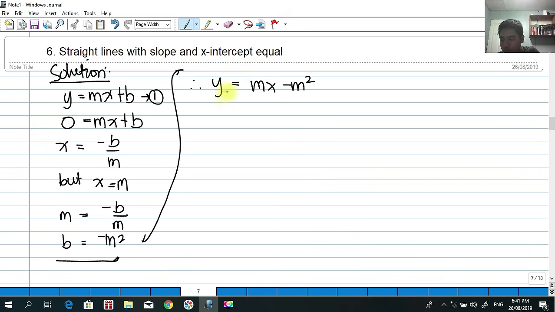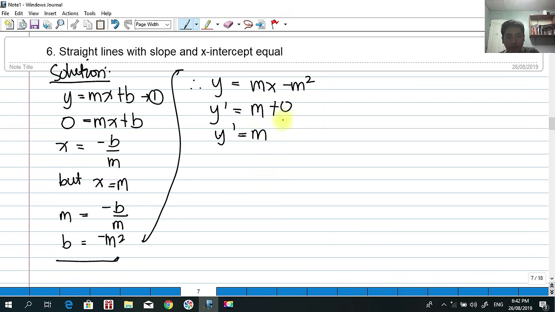Okay, so if we're going to get the first derivative of this, we have m plus 0. This is a constant, so when differentiated, it should be equal to 0. And this is with respect to x and some certain constants. So the derivative of this should be equal to m. So we have y prime is equals to m.